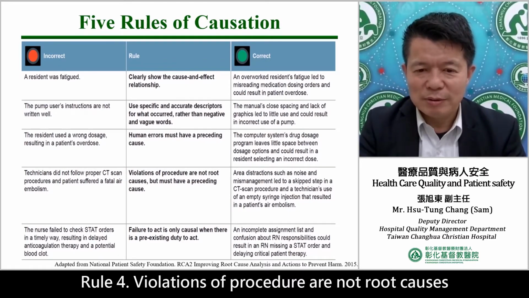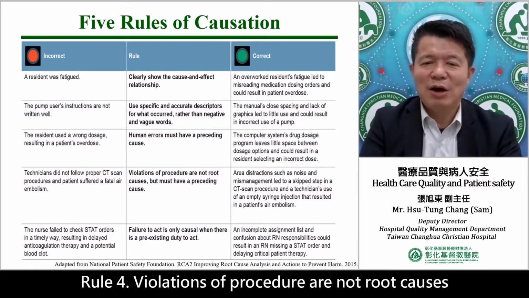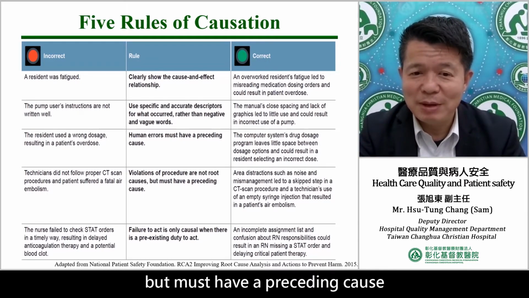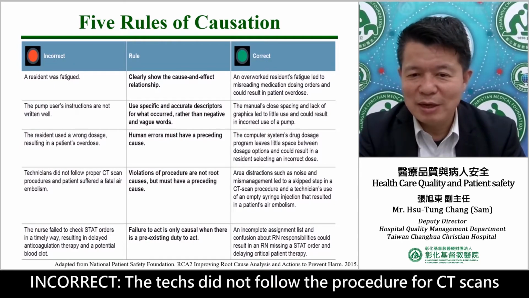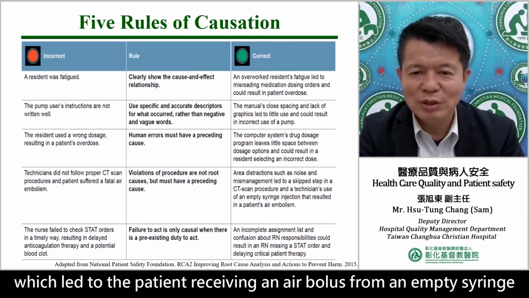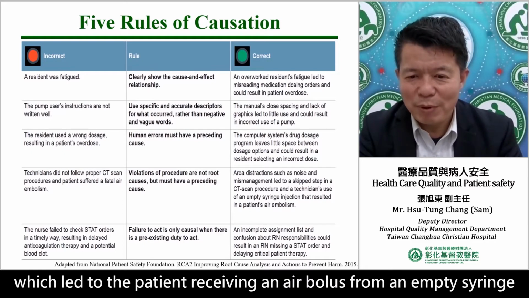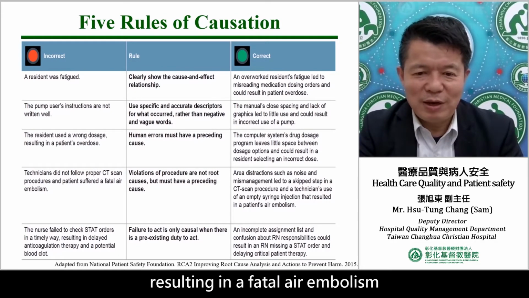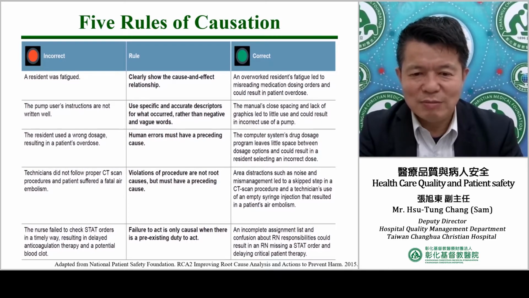Rule 4: violations of procedure are not root causes, but must have a preceding cause. Incorrect: the technician did not follow the procedure for CT scans, which led to the patient receiving an air bolus from an empty syringe, resulting in a fatal air embolism.